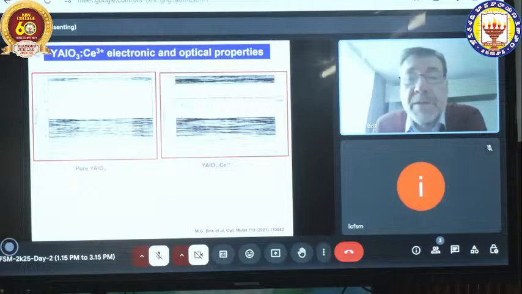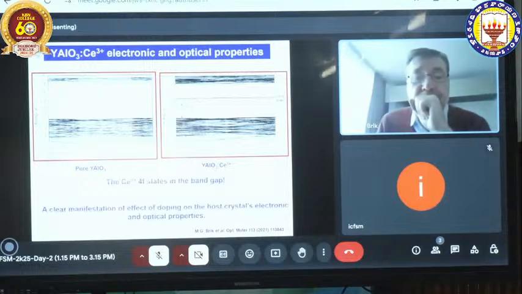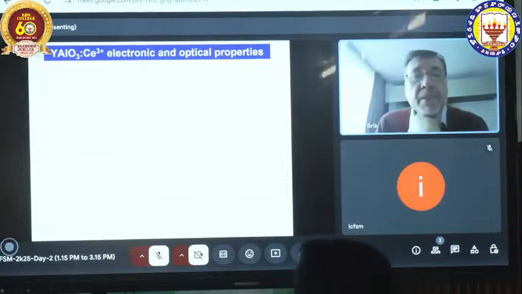Okay, so this is a clear and very good illustration of what happens with the crystal if you have some defects or some impurities. We do have some energy levels in the bandgap. Yes, so this is a manifestation of doping effects on the host crystal's electronic and optical properties.